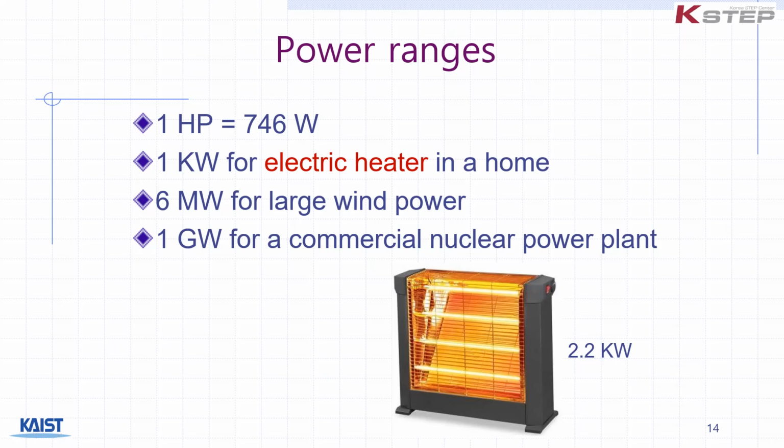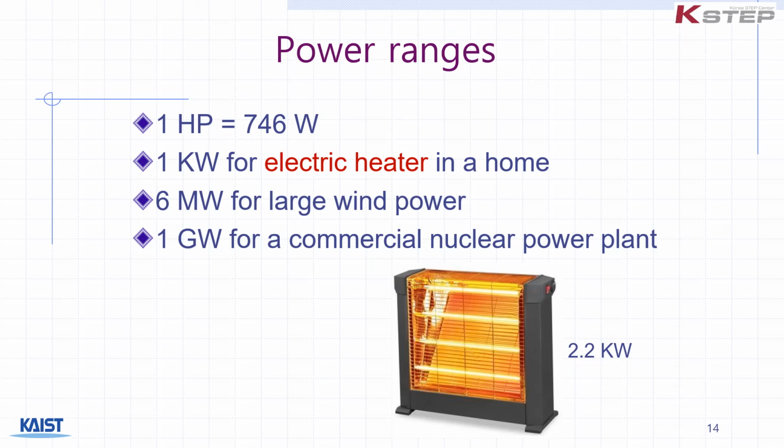So imagine that if you install a 6 megawatt large wind power system around Ulleungdo, one of the big islands in Korea, then the population inside Ulleung Island can use electricity coming from this wind power system.